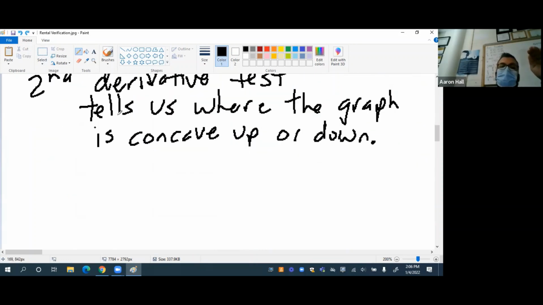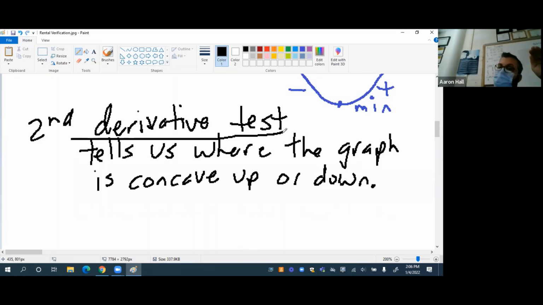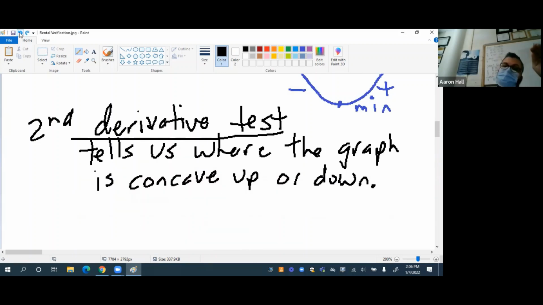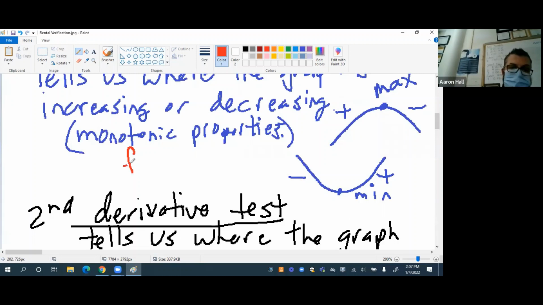The point of the second derivative test is to identify this concavity. So from our first graph, when the second derivative is less than zero, what do you think that means? If the first derivative is greater than zero, that means what?